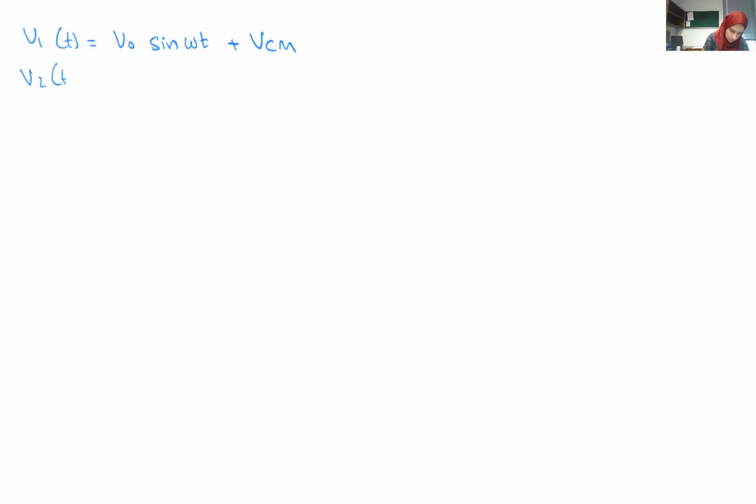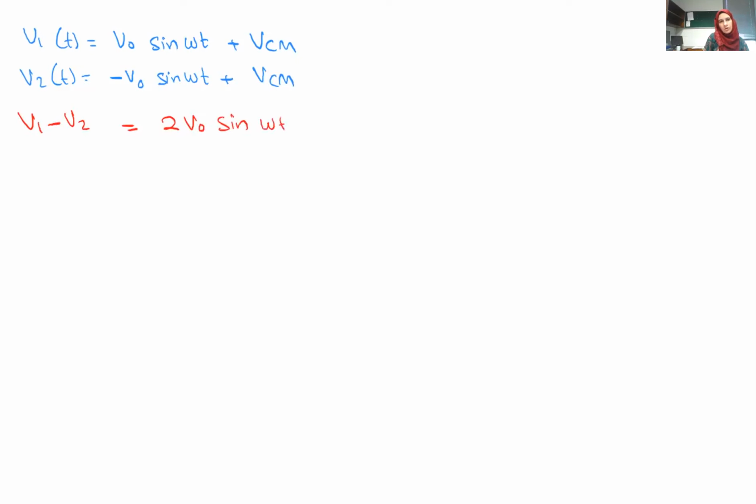V2 of t will be minus V0 sine omega t plus VCM, because it's in the opposite direction. Now, V1 minus V2 will equal 2 V0 sine of omega t.